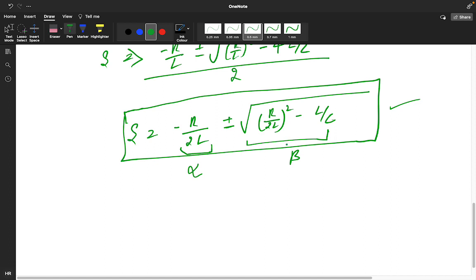So guys, can anyone tell me when we will get the imaginary value? You know the concept of overdamped, underdamped, critically damped?